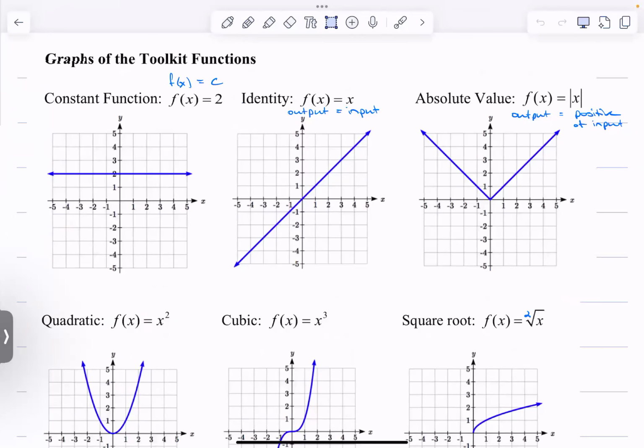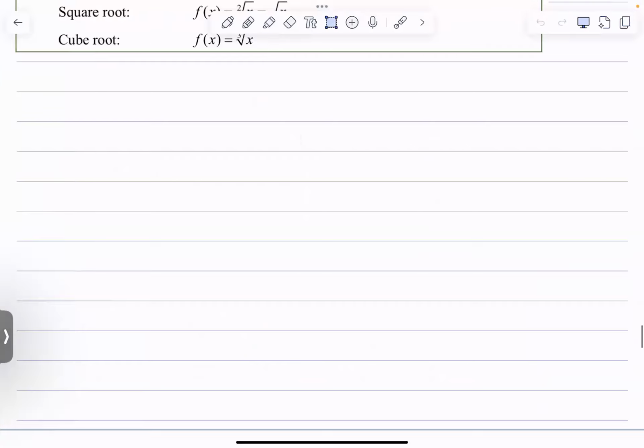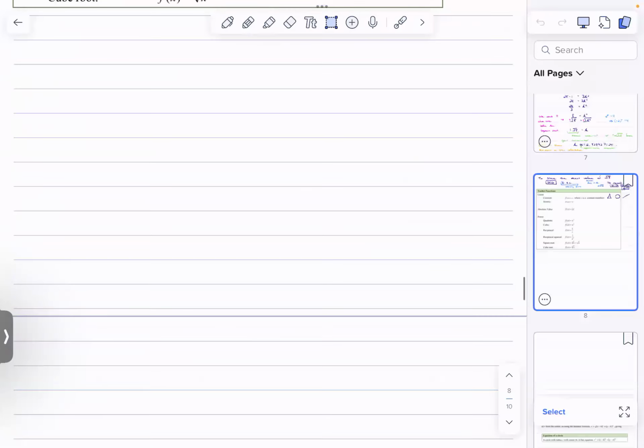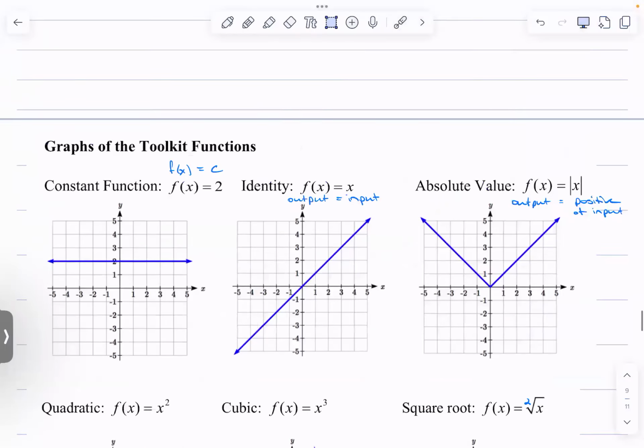Paste. Oh, I remember, actually. I'll just go through it again. There. I did it.